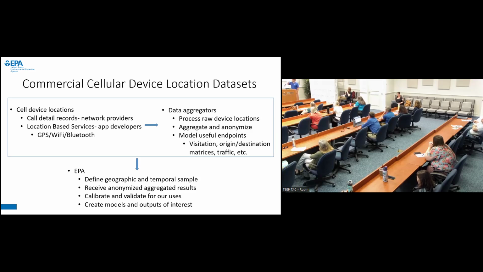Basically what the vendor is providing us is, we say, hey, we're interested in this geography for this location. They query what they have in their database and say, okay, here's the number of devices for that time period. Here's the duration that we estimate they were there for. And then here's the number of people we feel that represents.